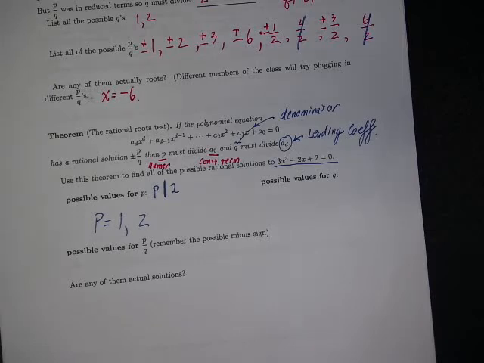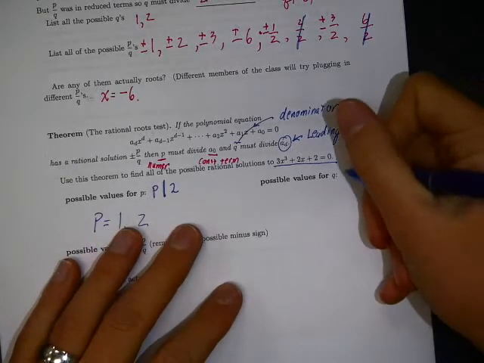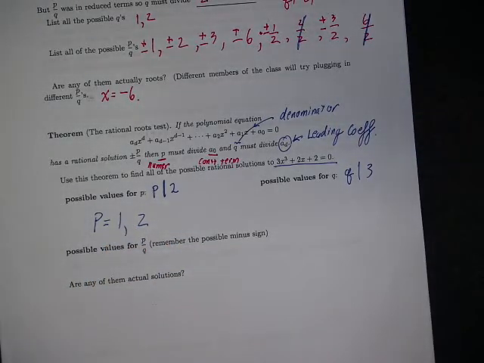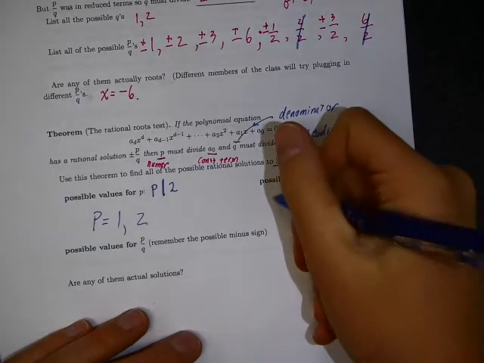The possible values for q. Q has to divide the leading coefficient of the polynomial. So what does q have to divide? 3. So q has to be a factor of 3. 3 doesn't have very many factors.